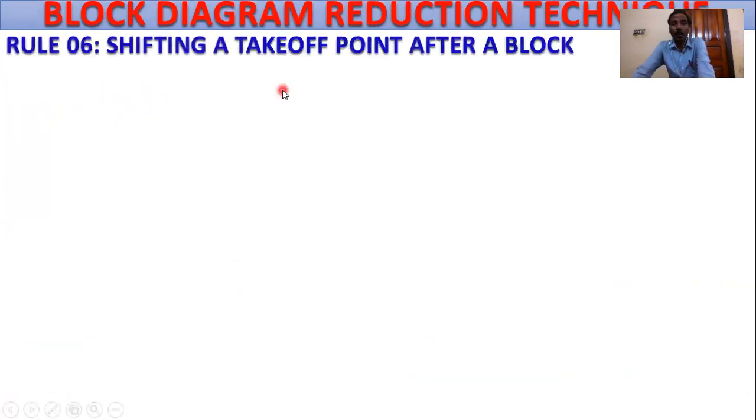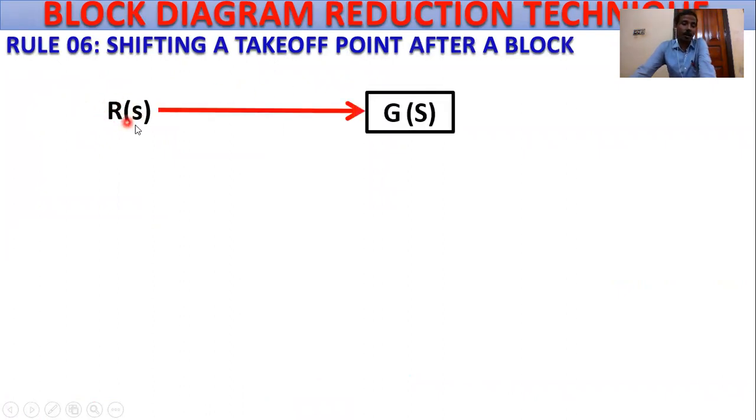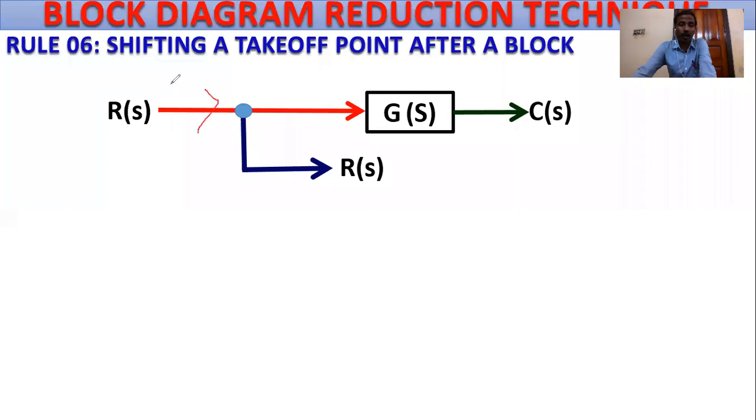Then shifting a takeoff point after a block. This is the R(s) reference input signal, G(s) system gain or plant gain, C(s) controlled output. This is the node, also called the takeoff point, another branch R(s), because this is R(s).